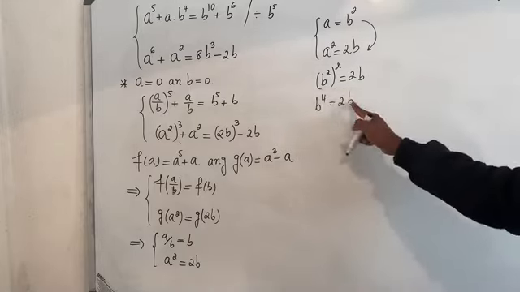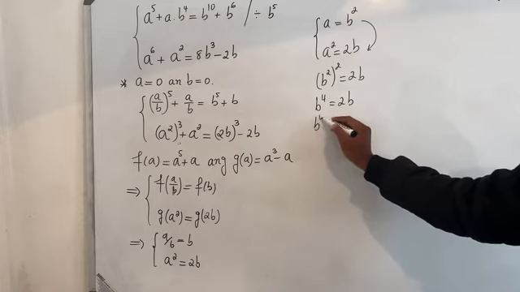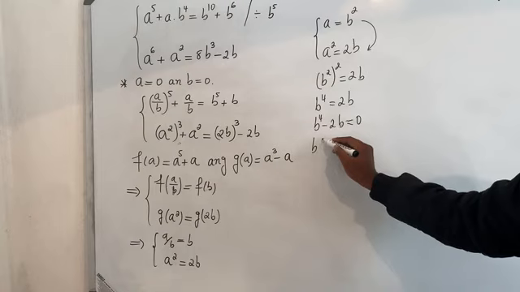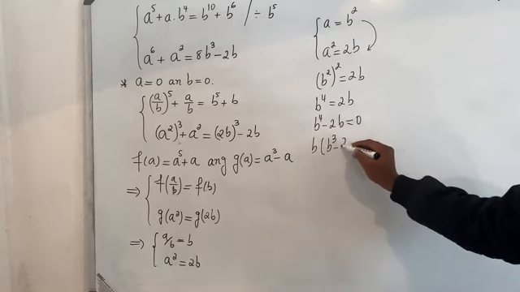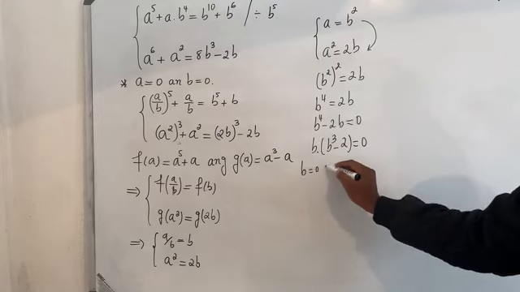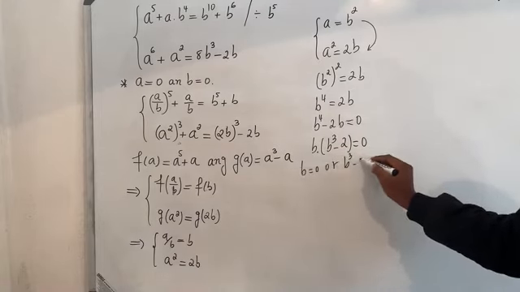I can write this expression as b to the power 4 minus 2b equal to 0. Factorizing b, I'm going to have b times b cubed minus 2 equal to 0. So b is equal to 0 or b cubed minus 2 is equal to 0.